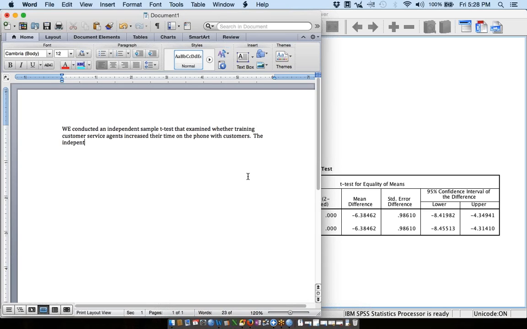The independent variable was training, whether they attended, you could also say whether they attended training or not. The dependent variable was the amount of time the employee spent on the phone with the customer.